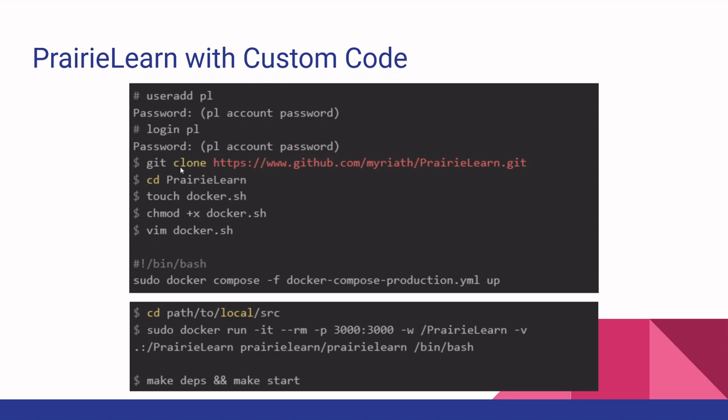But you clone it with git clone, and then you just move into that. This step here, this Docker compose, is just a script to make it a lot easier to start up the server when you want to. And then after you have that set up, you do need to do this step. This will build the local source and make it so that the code actually runs. It doesn't just instantly crash.